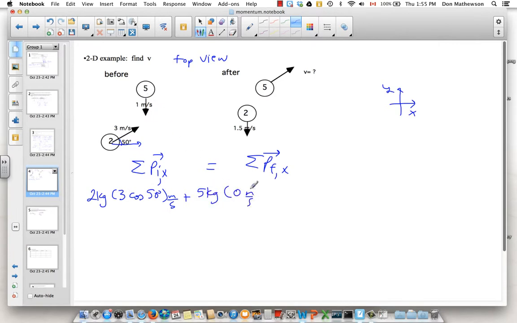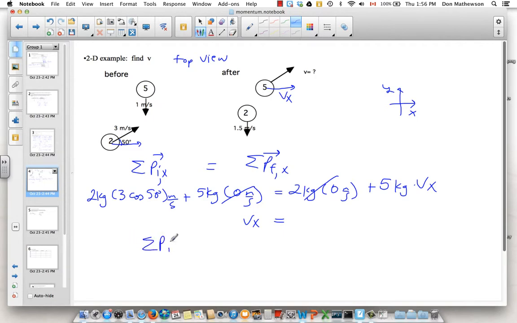It's just going in the y direction. Similarly, after the collision, the 2 kilogram has no horizontal component. And for the 5 kilogram, we'll introduce a variable Vx. So those terms are just wiped out. So this equation can be solved for Vx.